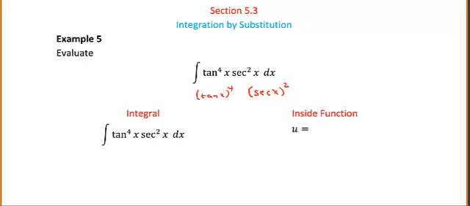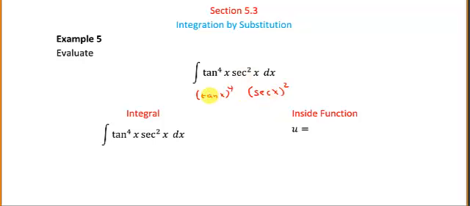But if you keep in mind, the derivative of tangent is secant squared. That's helpful. The derivative of secant is secant tangent, which we don't have. But notice that this expression here is the derivative of this inside function.